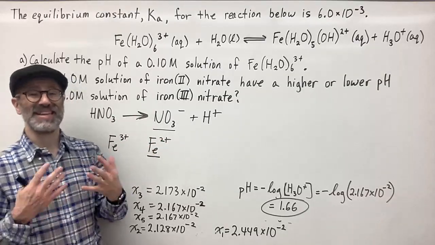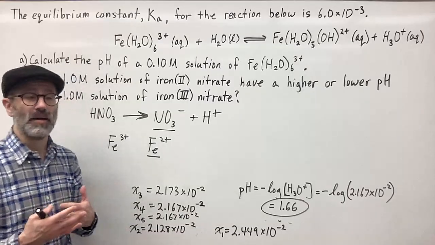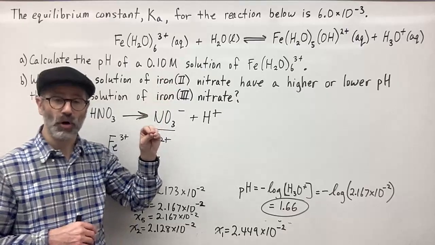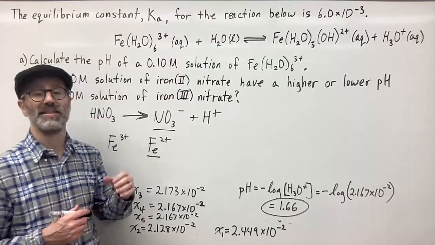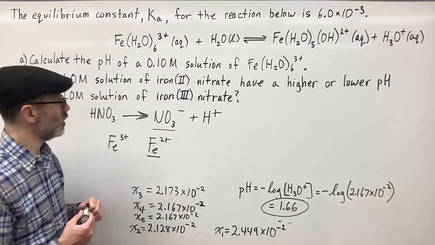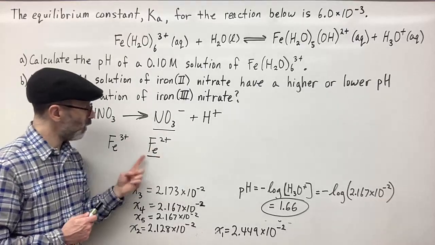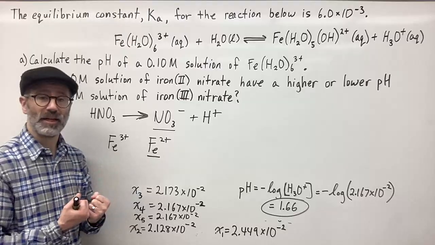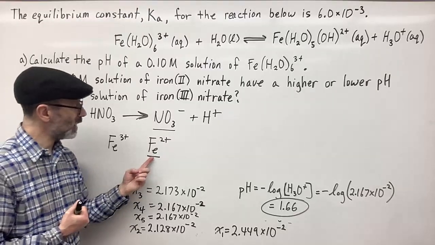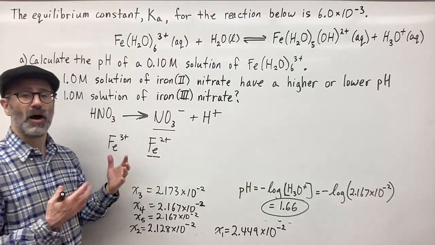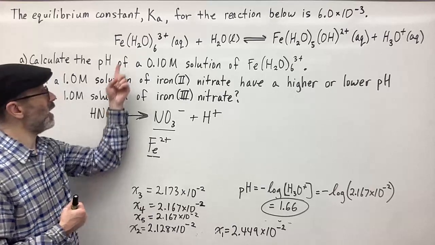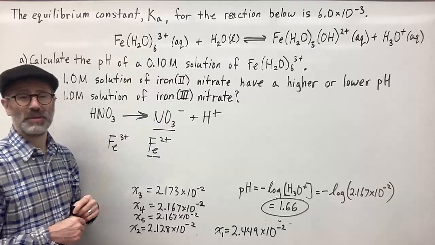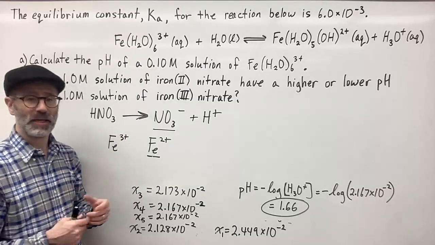So since acidity is measured by pH in a way that the more acidic your substance is, the lower the pH, therefore, if iron 2 plus is not going to pull the electron density as much, therefore not weakening the bonds between the hydrogen and the oxygen in the water, it's going to be less acidic and higher pH.